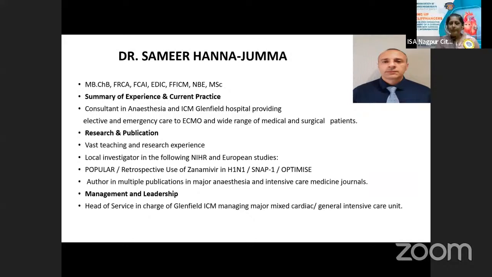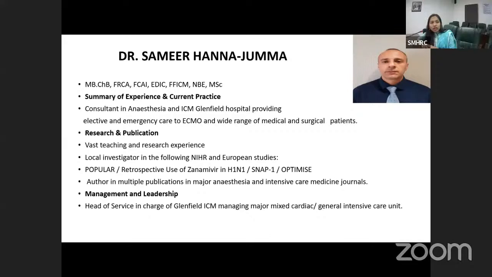He has vast teaching and research experience. He is the local investigator in the following NIHR and European studies: POPULAR, retrospective use of zanamivir in H1N1, SNAP1, and OPTIMISE. He is author in multiple publications in major anesthesia and intensive care medicine journals. He is the head of service in charge of Glenville ICM, managing a major mixed cardiac and general intensive care unit. Welcome, sir.